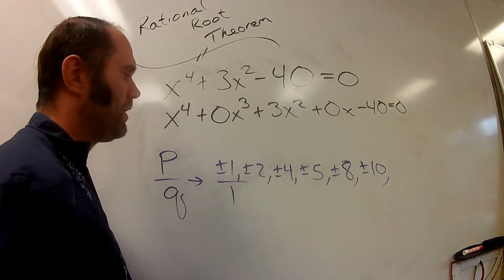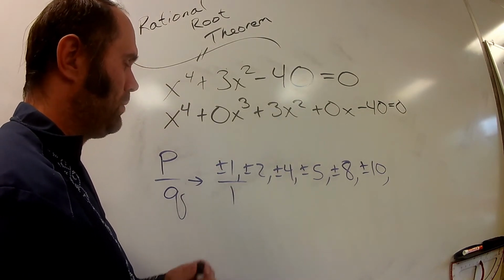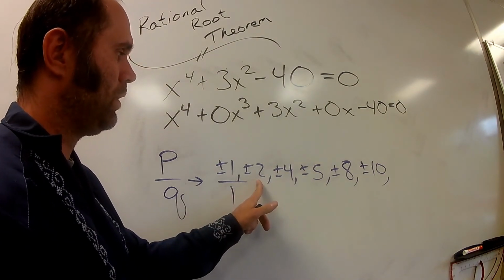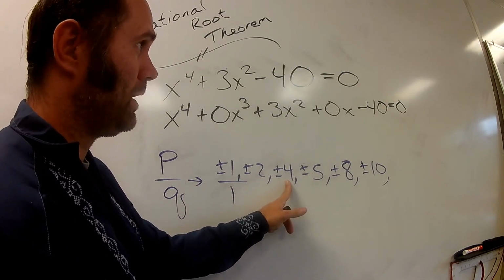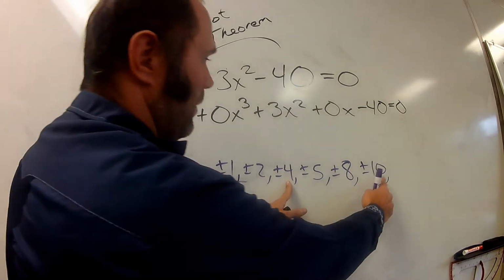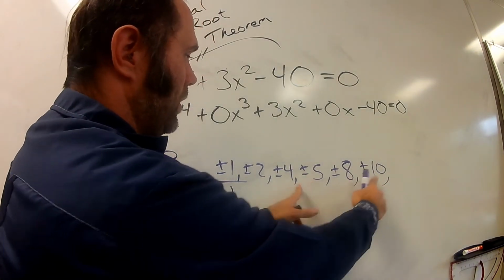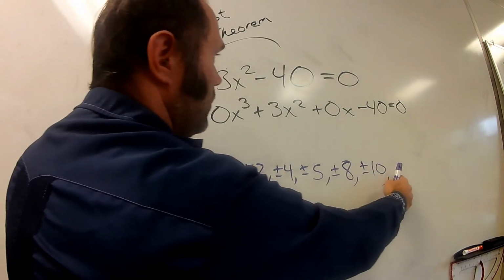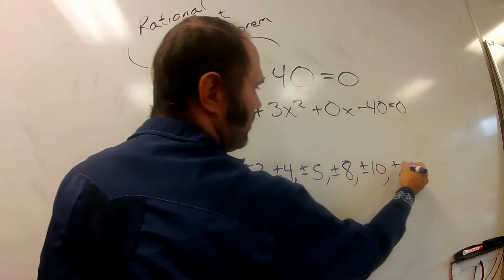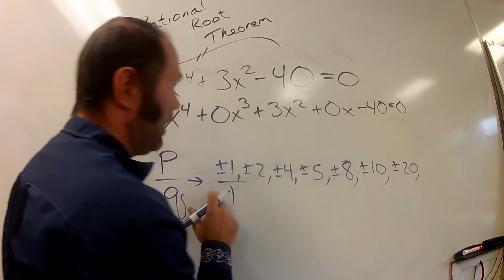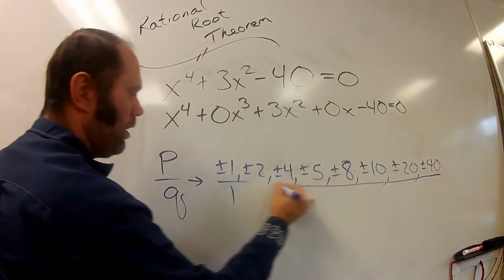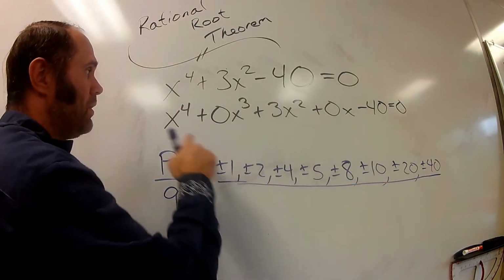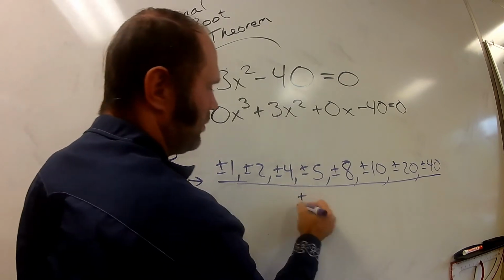You can actually figure out all the rest of them. 2 times what equals 40, and that's 20. 4 times what equals 40, and that's 10. We already did that one. 5 times 8 is 40. 10 times 4, 2 times 20, so plus or minus 20. And then 1 times 40, so plus or minus 40. And that's all over all the factors of 1, so that's plus or minus 1.